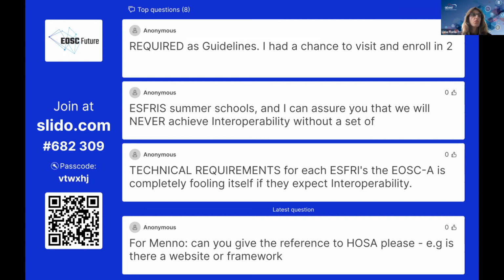For the EOSC core, we are more prescriptive because there will be only a couple of ways in which you can interoperate with the EOSC core. For the others, particularly when it comes to interoperability between communities, there is no way we can be prescriptive about that.